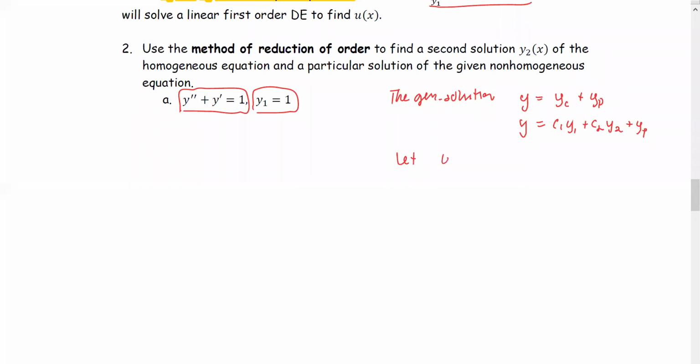Let y, or the general solution, be the product of the function u and the known solution y1. In our case, y1 is 1, so u times 1, or just u.